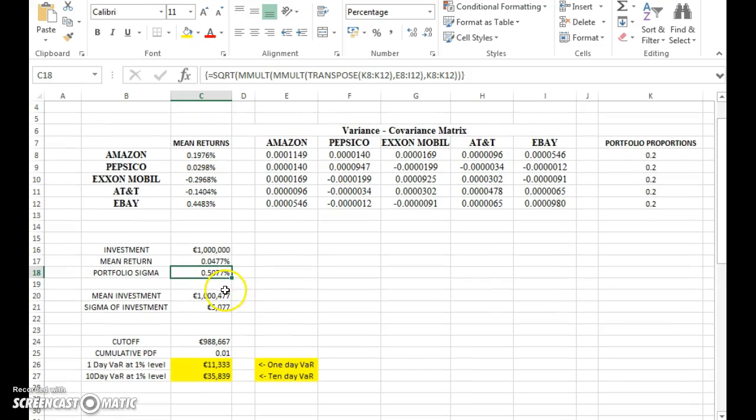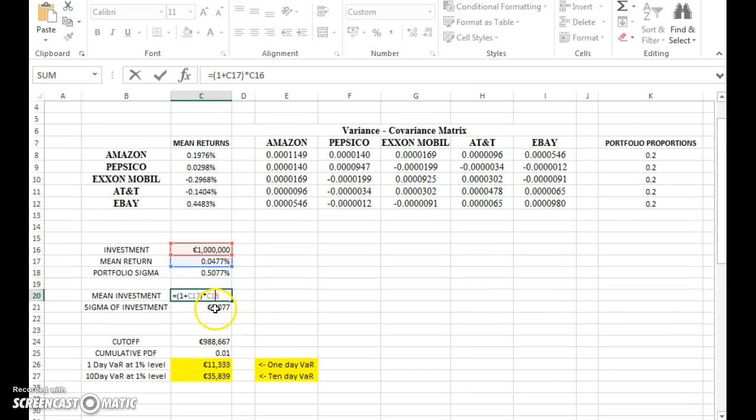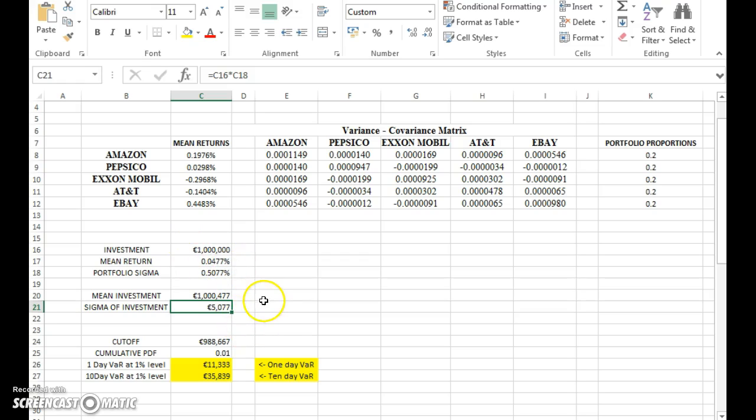Now we can get the mean investment and the standard deviation on investment by simply multiplying the mean returns by the investment and the standard deviation by the investment up there. This will help us to get the cumulative probability density function, which is over here. But first, we can actually estimate the one-day value at risk right now.